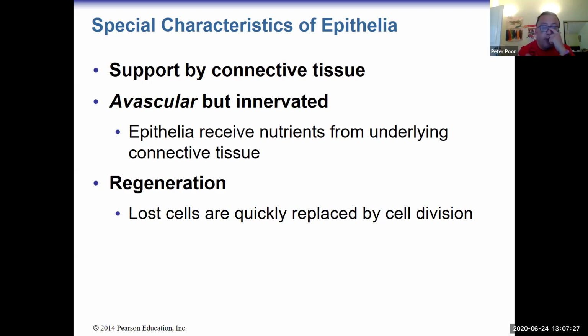A means without, vascular, blood vessels. Okay, the epithelium will receive nutrients from the underlying connective tissue. Okay, so you have no blood supply to the epithelium. They get their source of nutrients from underneath.